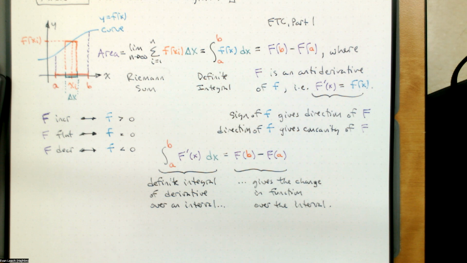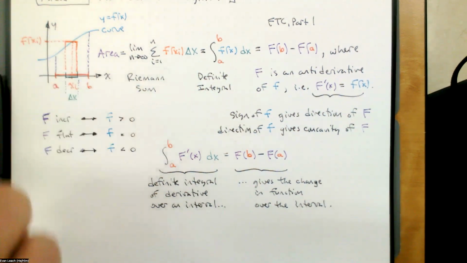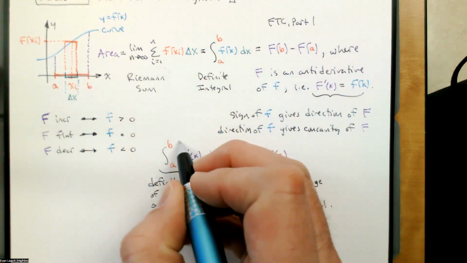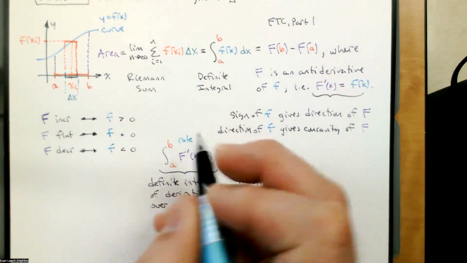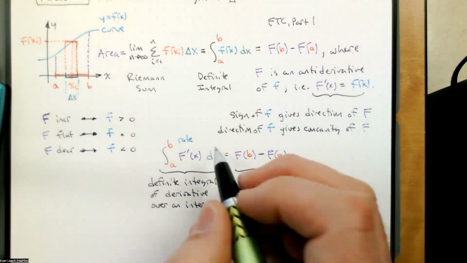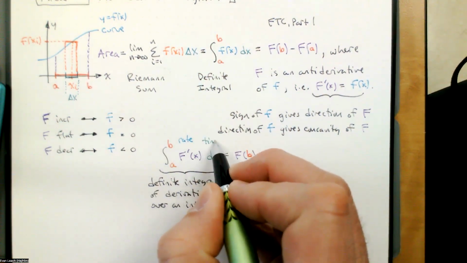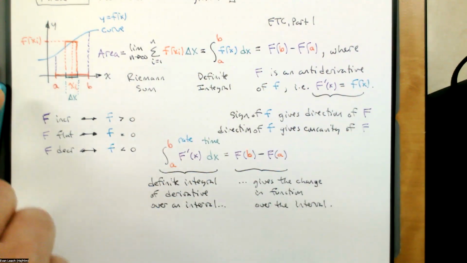Dx is like time, and the capital F at b minus capital F at a, that would be distance or displacement. So here we have rate multiplied by time equals distance.